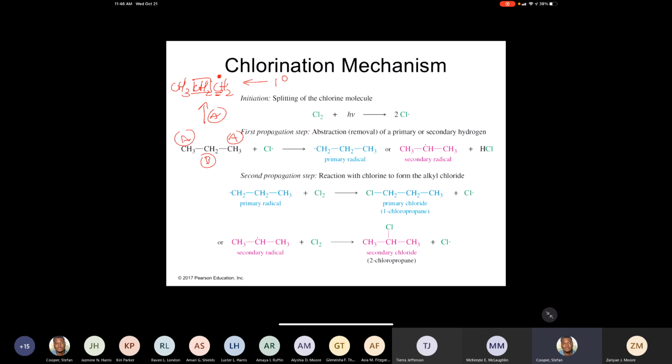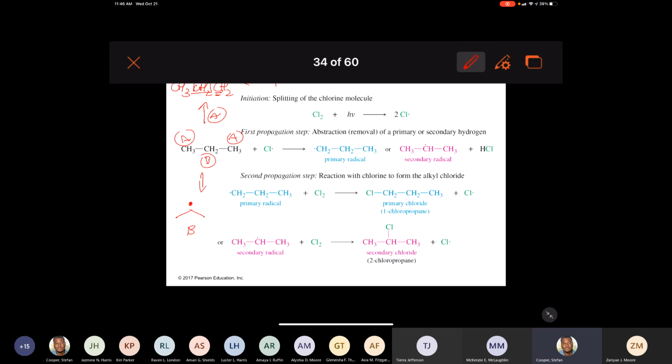Okay, good. Now, if I took 1 hydrogen from the B position, let's go ahead and draw that out. What type of radical would that be? Actually, maybe line angle structures would be better for you to see this. I can't erase today, can I? Okay, yeah, I can.